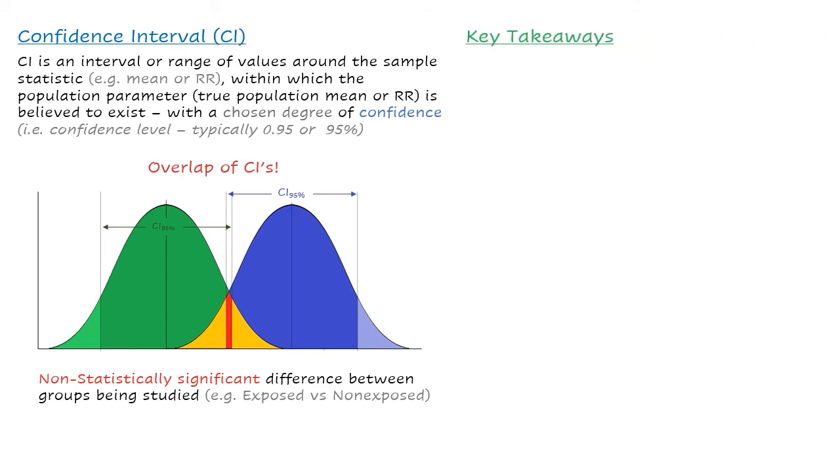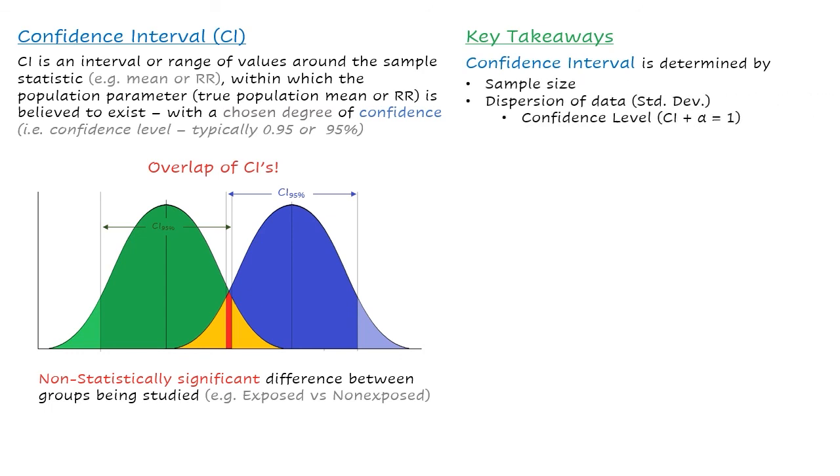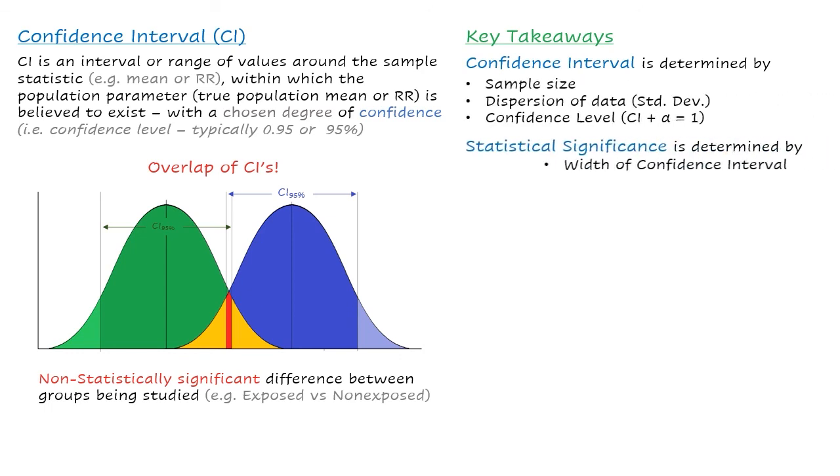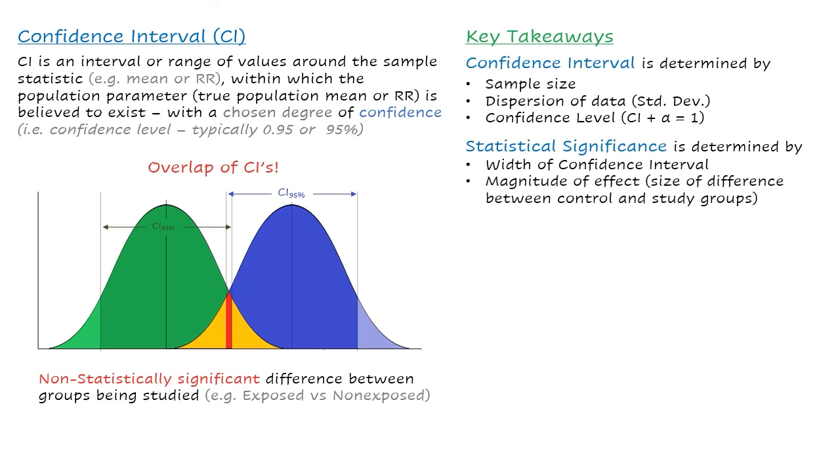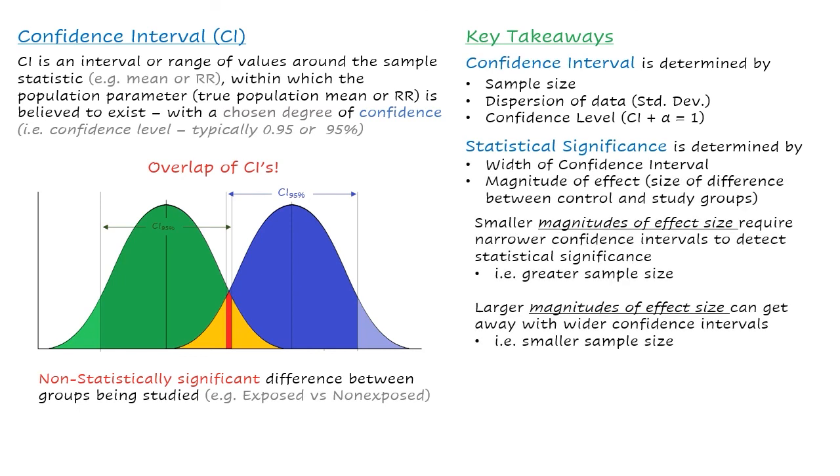The key takeaway here is that confidence intervals depend on three main factors: sample size, dispersion of the data, and confidence level. Both the size of the confidence interval and the magnitude of effect play a role in determining the statistical significance. If the sample is large and the standard deviation is small, the confidence interval will be narrow and significant overlap is less likely.